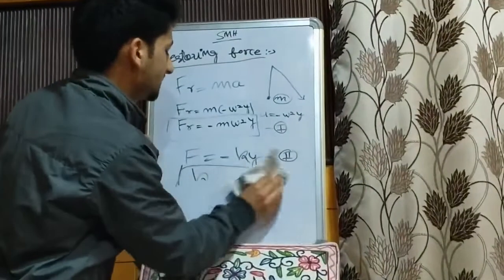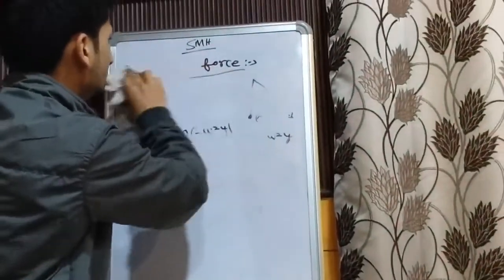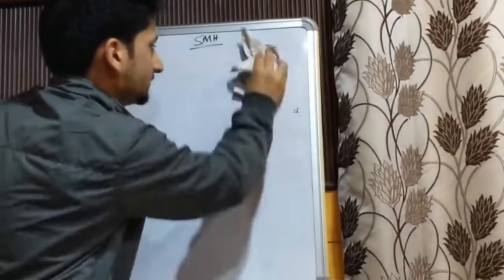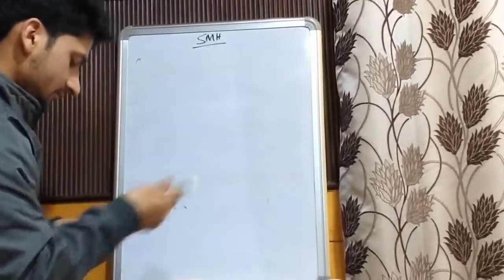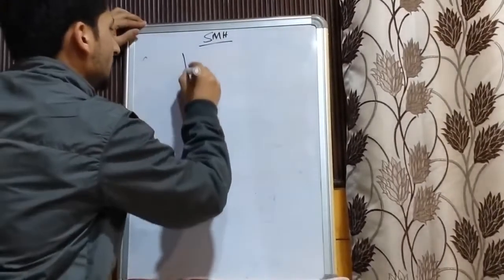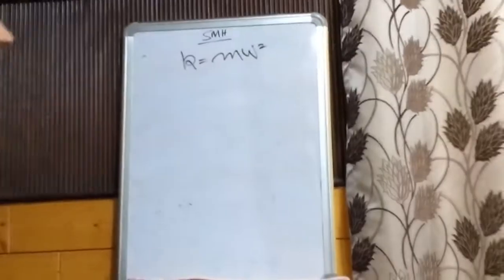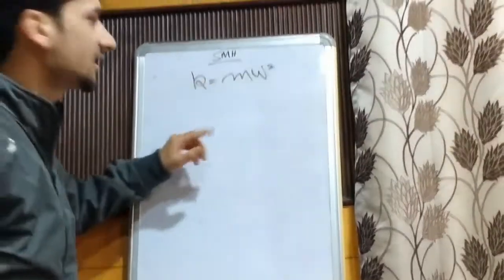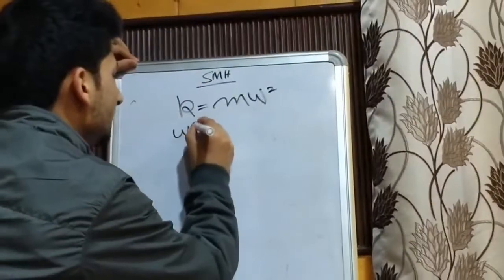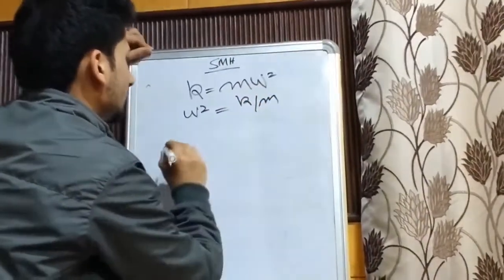So this equation will actually help us to find the time period as well. So k is equal to m times omega square. So omega square will be equal to k divided by m.